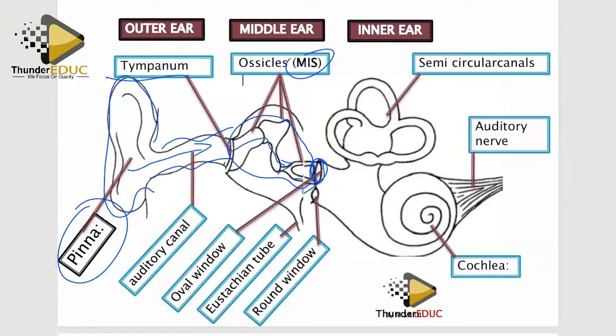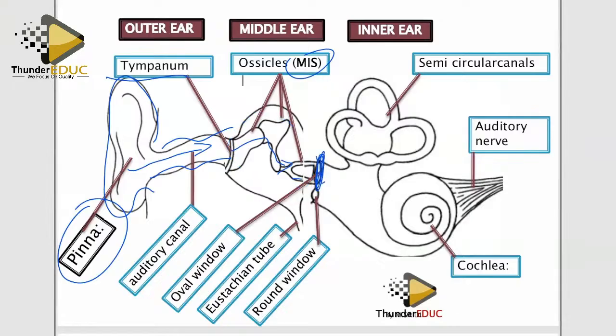Check the shape. It is oval, so it's the oval window. Inside there, you have a fluid called the lymph. It has the endolymph and the perilymph. We don't need to know it now. But that fluid is the one which helps in the transmission of this vibration.